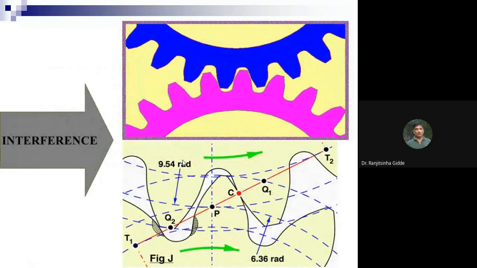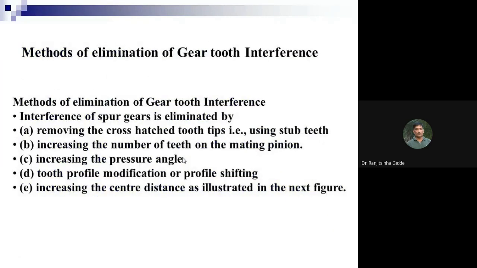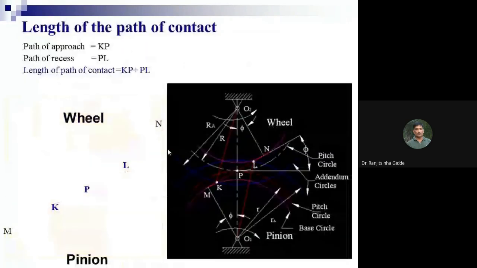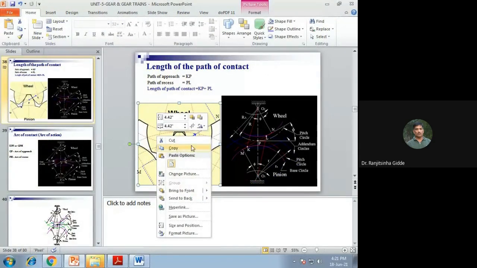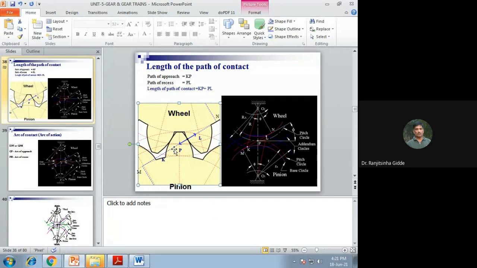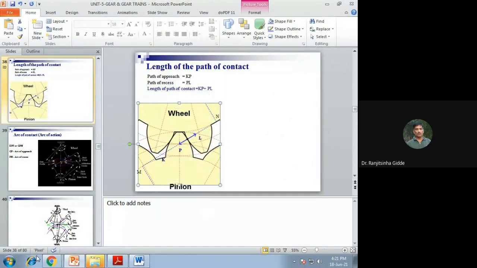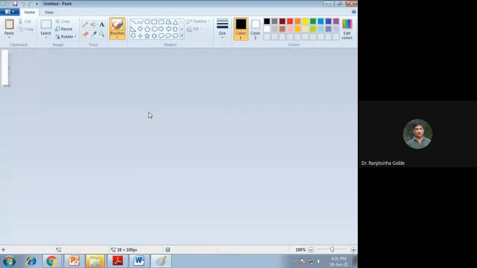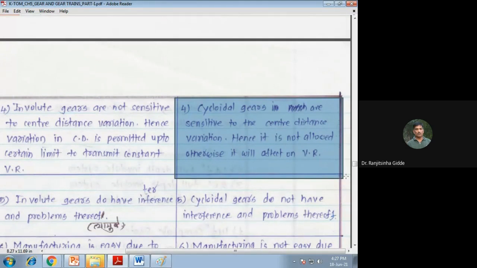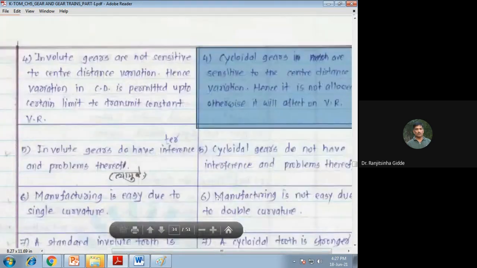For cycloidal gears, center distance variations are not allowed, otherwise it will affect the velocity ratio.